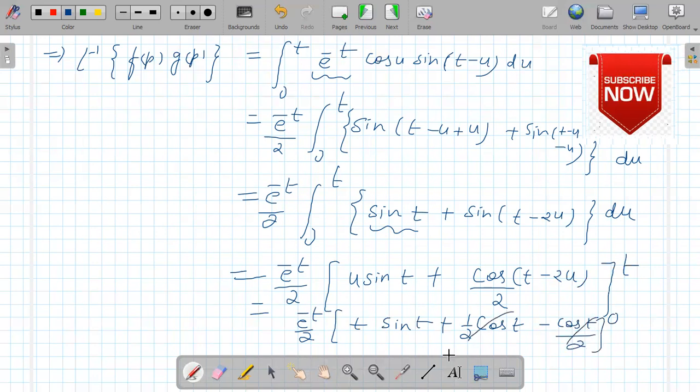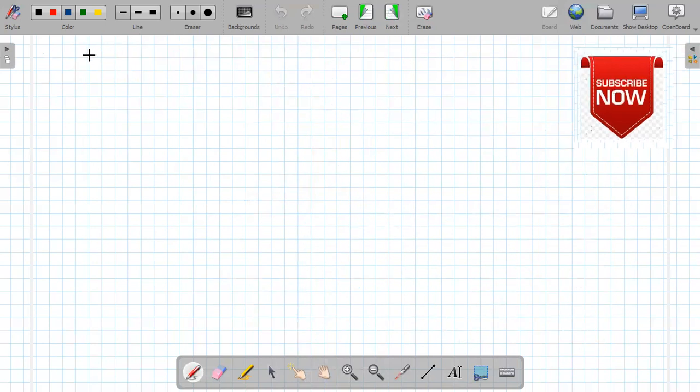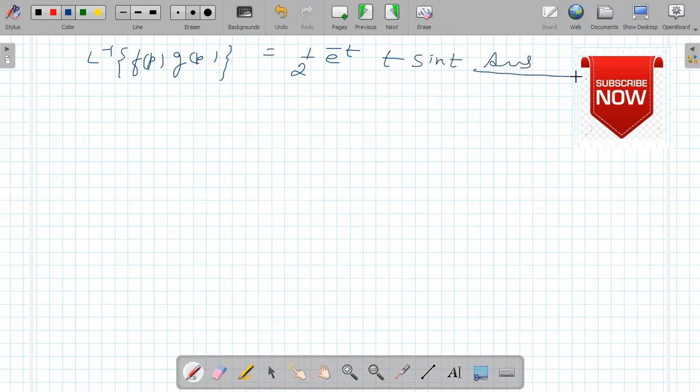So this cancels with this. We have the Laplace inverse of fp into gp given by half e raised power minus t into t sine t. This is the answer.